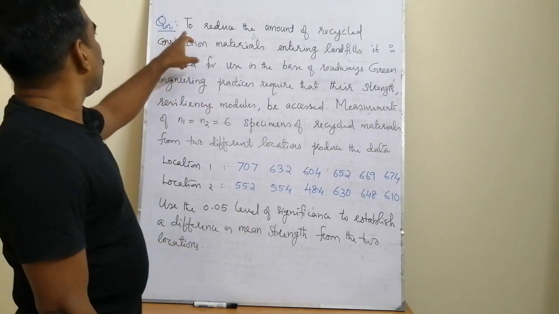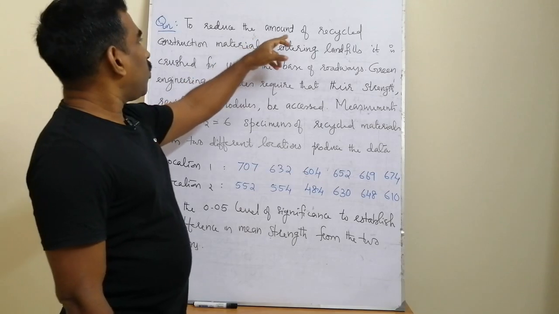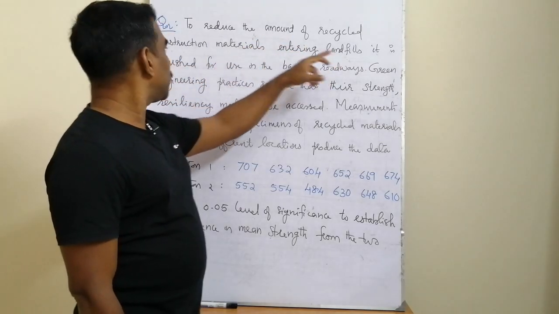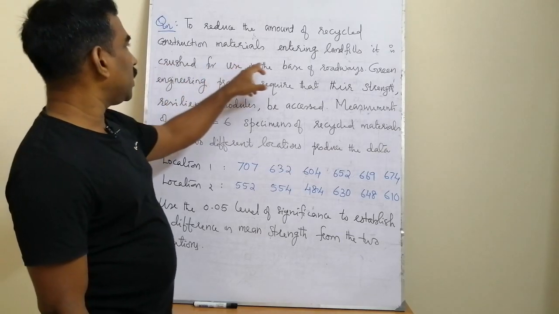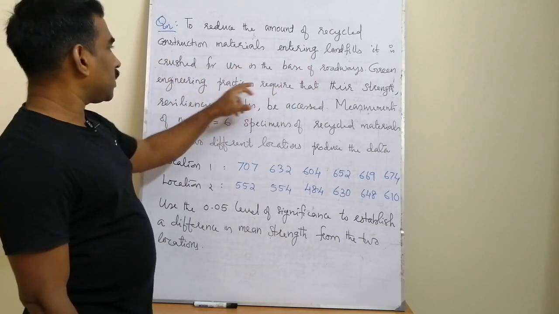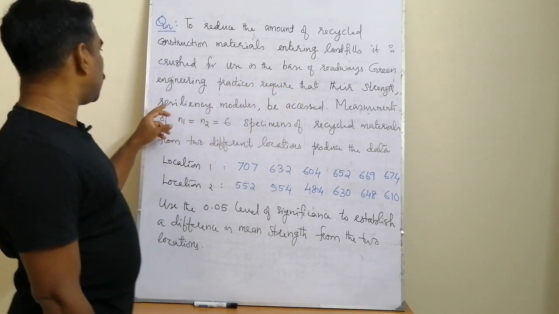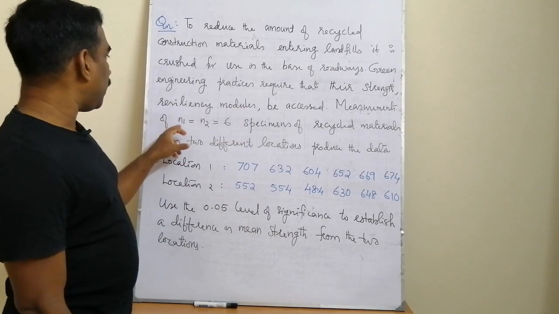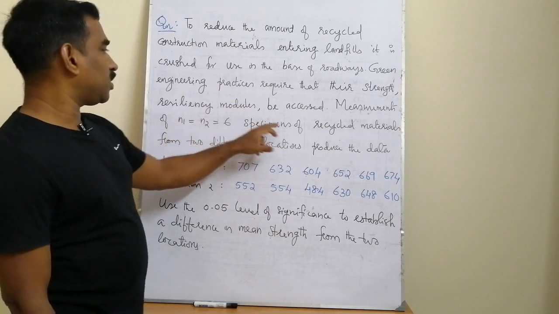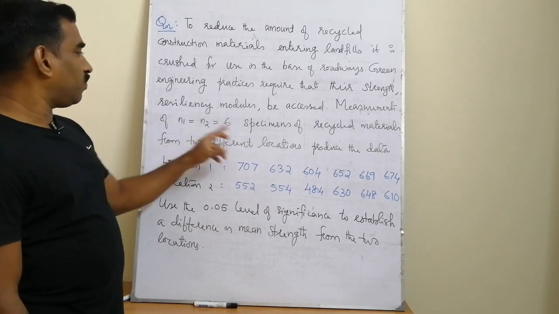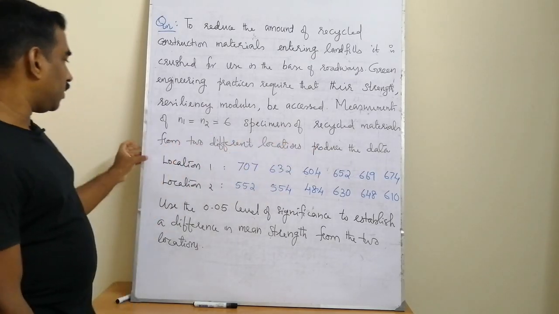Consider the question: to reduce the amount of recycled construction materials entering landfills, it is crushed for use in the base of roadways. Green engineering practices require that their strength resiliency modules be assessed. Measurements of n1 equal to n2 equal to 6 specimens of recycled materials from 2 different locations produce the data.